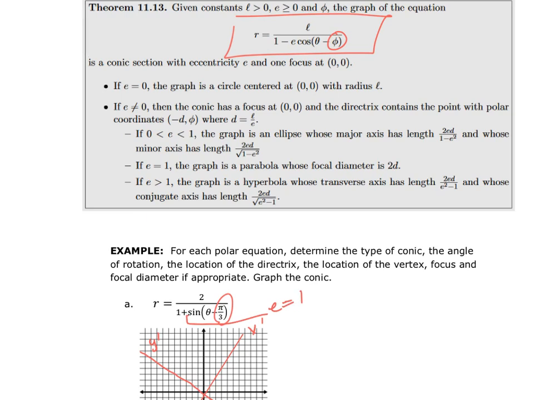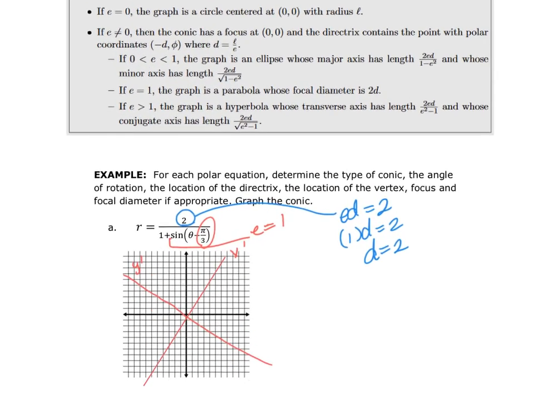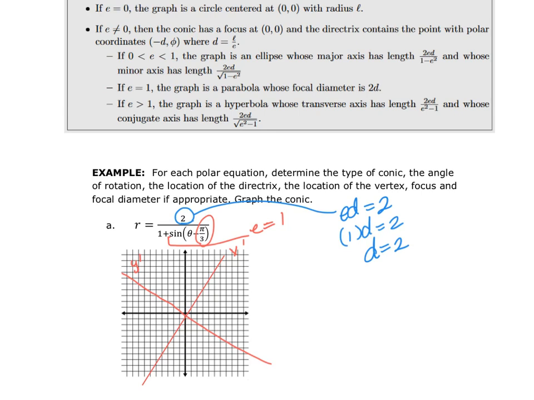My E times D is still there. So E times D is equal to 2. E is 1. That means D is equal to 2. Now remember, this is a plus sign. So that means my directrix is going to be 2, perpendicular to the y prime. So that's where my directrix is.